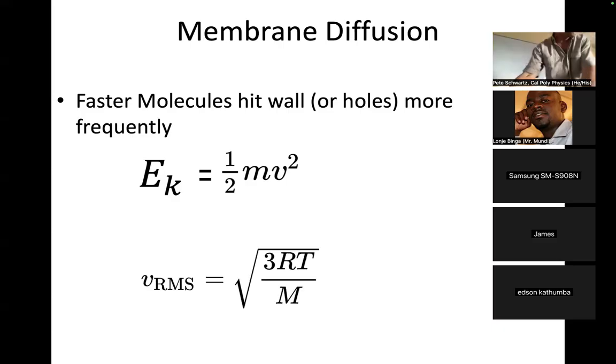Okay, so what we know then is that uranium-235 molecules are traveling faster than the 238 molecules. Are they traveling a lot faster, or just a little faster? A little faster. Just a tiny bit faster, right?